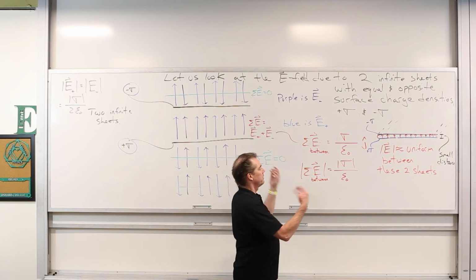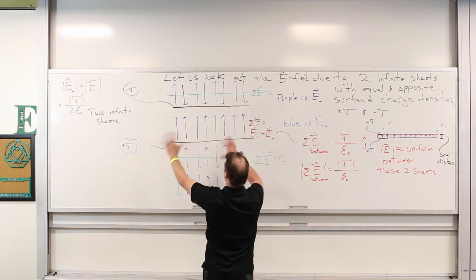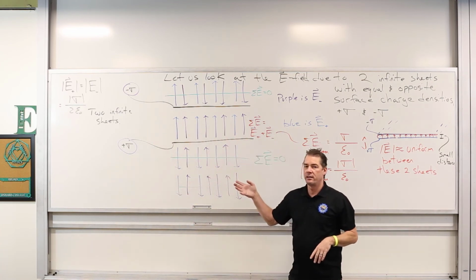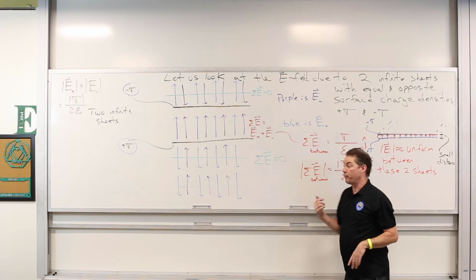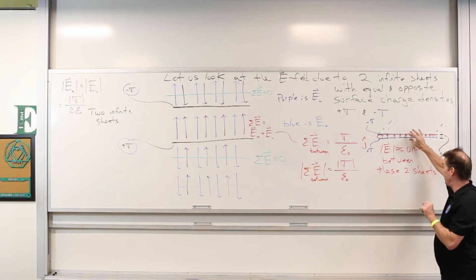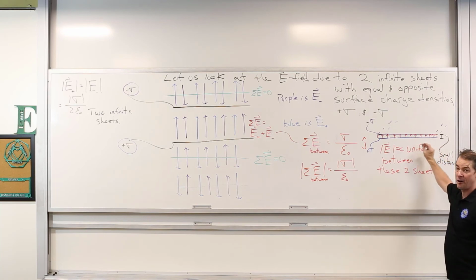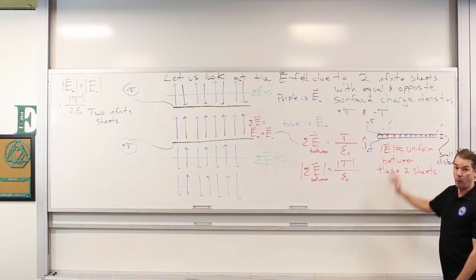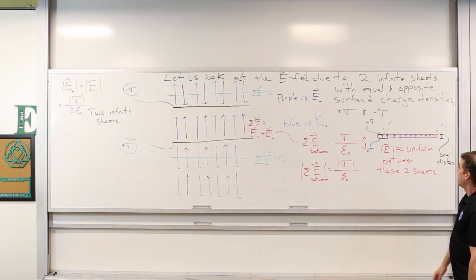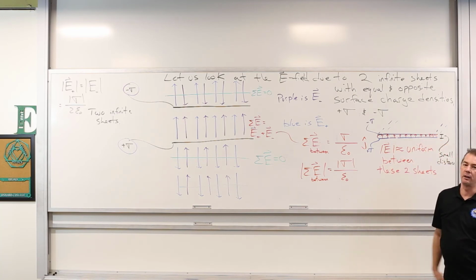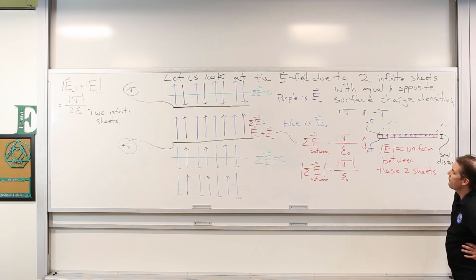And that's why this is a good system here. Even though we're using infinite sheets, it gets utilized as a really good approximation for certain situations. And this, two finite sheets separated by some distance that's pretty small, happens to be really important in electronics. And we're going to be talking about this as time goes on. But that's basically that for now.